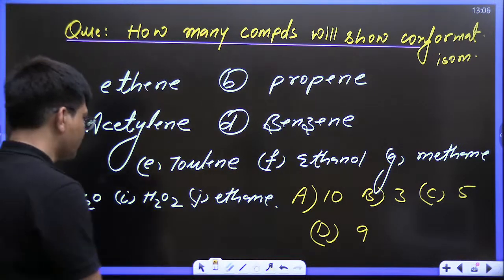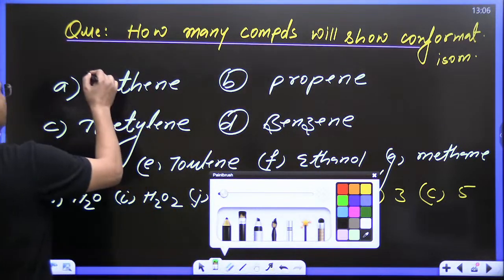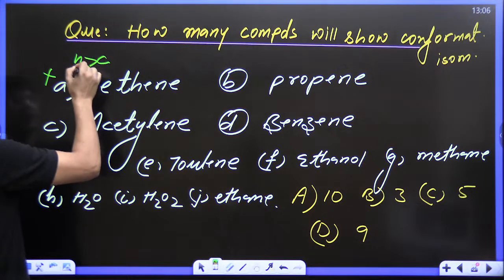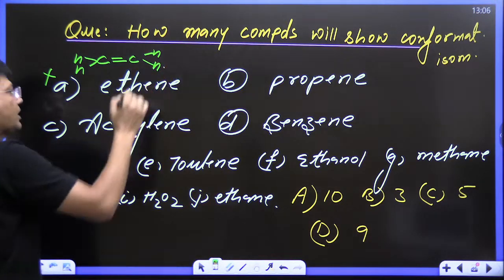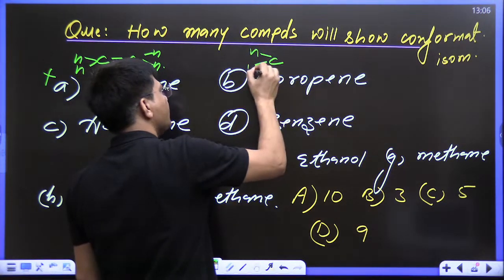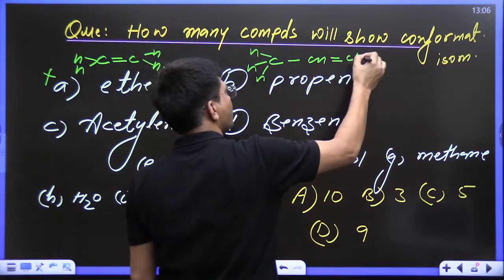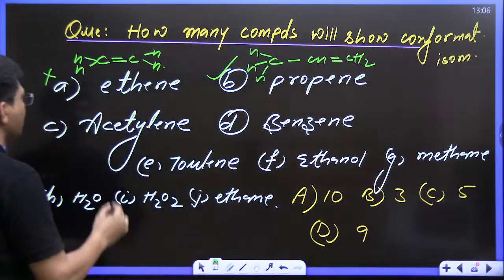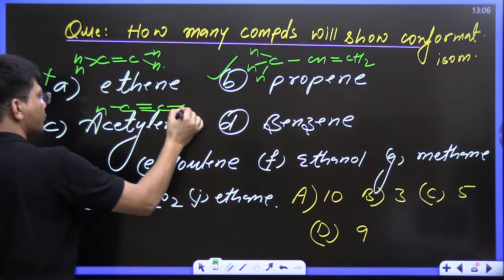So, really awesome. Ethene cannot show it. Why? It has carbons attached with a double bond. But propene will show. Why? These hydrogens are attached to an sp3 hybridized carbon. So this cannot show, but this can show. Acetylene, they are attached with pi bonds, so cannot show.